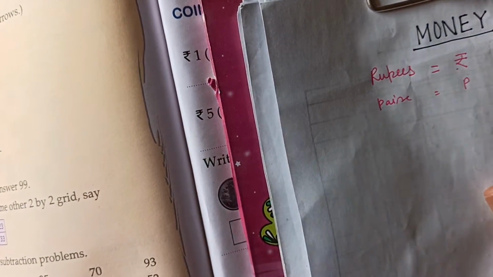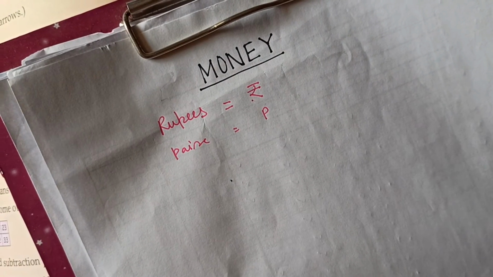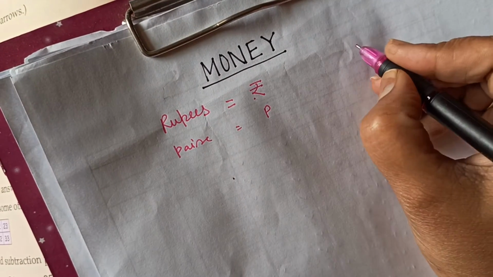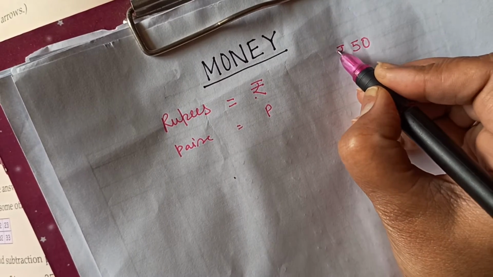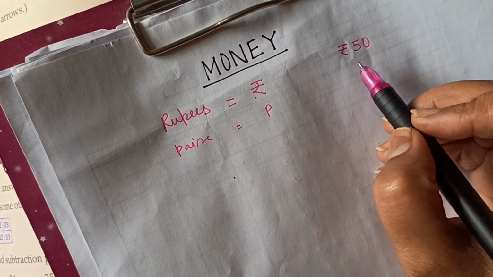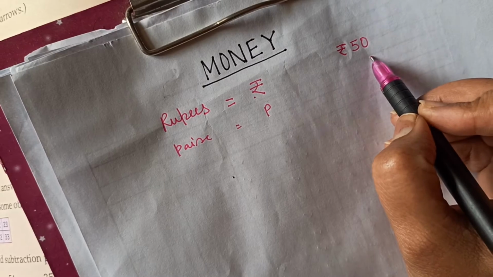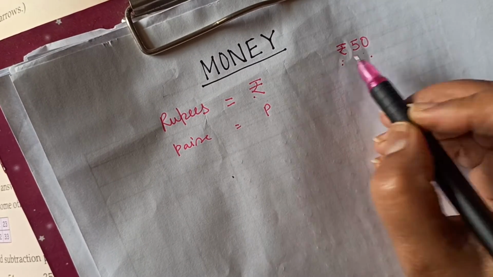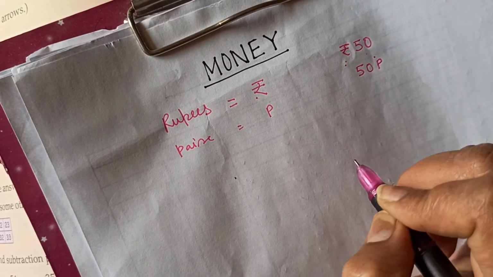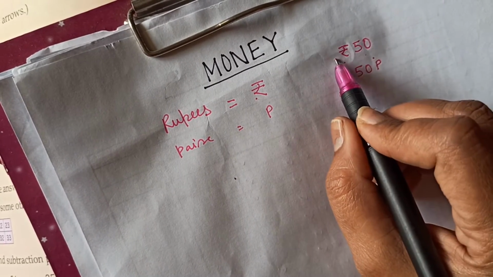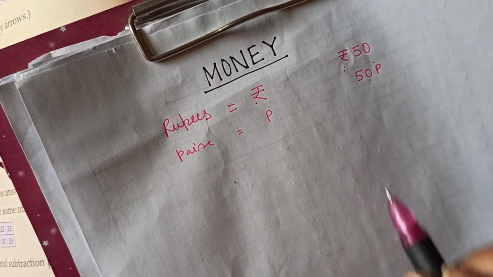Now, whenever you write rupees, like 50 rupees, we put the sign before the number. But in paisa we put P after the number. Rupees before the number, paisa after the number.